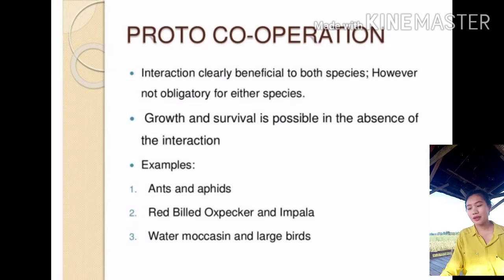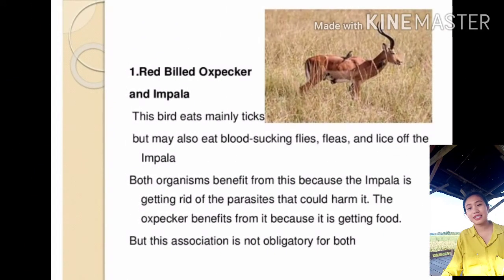Okay, we have here the examples: the ants and aphids, the red-billed oxpecker and impala, the water moccasin and large birds. First, the red-billed oxpecker and impala. Have you seen a red-billed oxpecker? How about an impala? Just look at the picture.